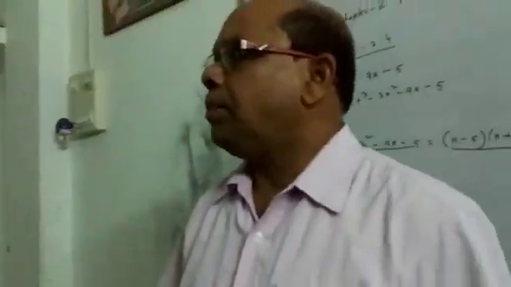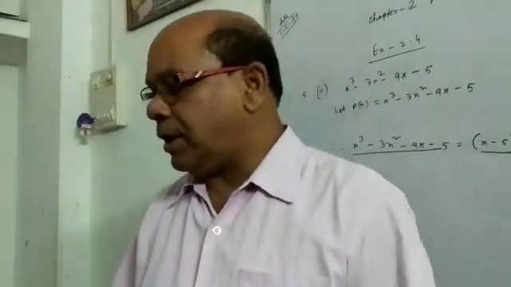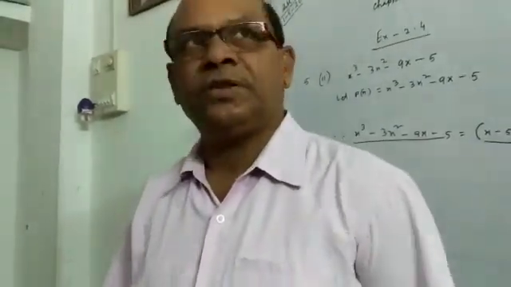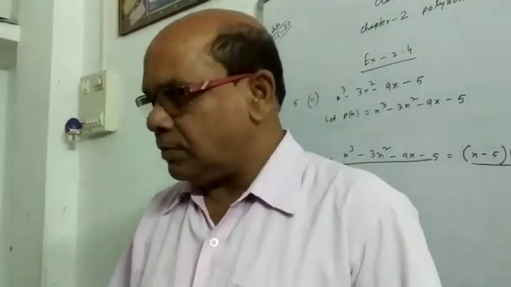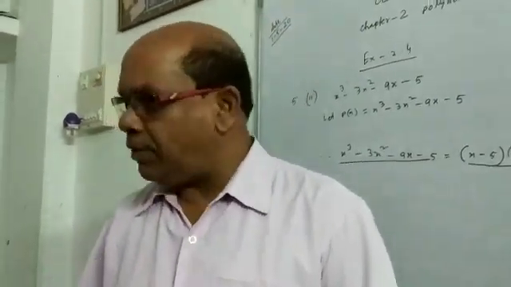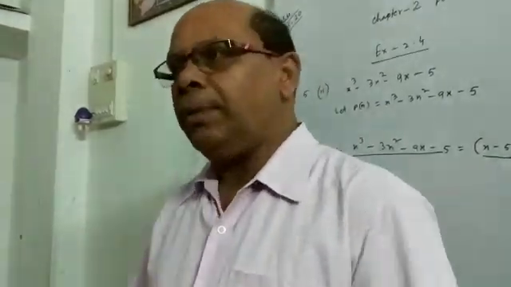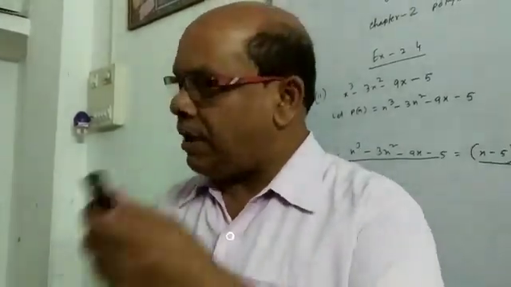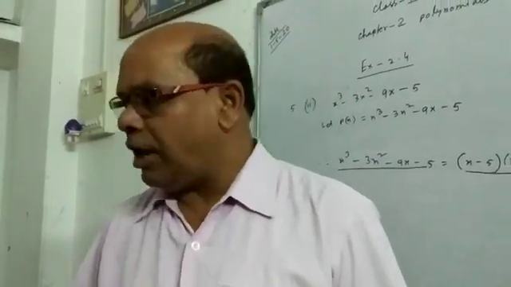Then the next exercise is 2.5. But before that, I will give you some algebraic identities. These are called algebraic formulas, and some of these formulas you got in class 8, even in class 7 also. So again I will give some of the same identities and some other identities also.